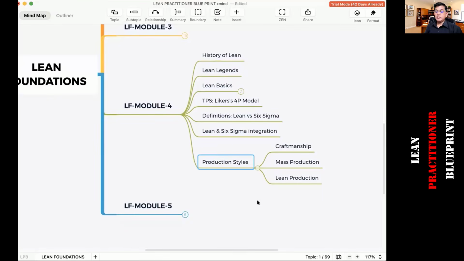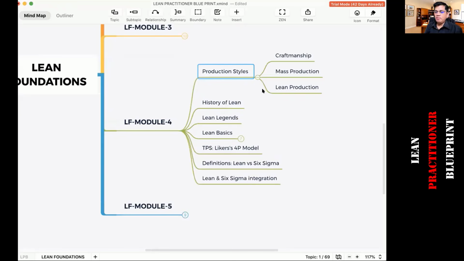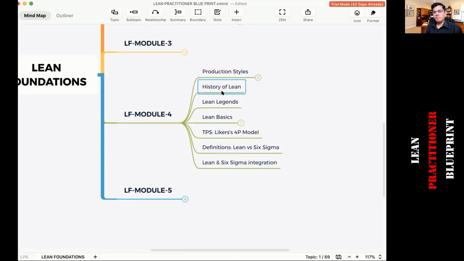And production styles: while we understand lean, I would say that even before the history of lean, I would put production style first. We'll talk about production style, then history of lean, then the lean legends, lean basics, and Toyota production system.